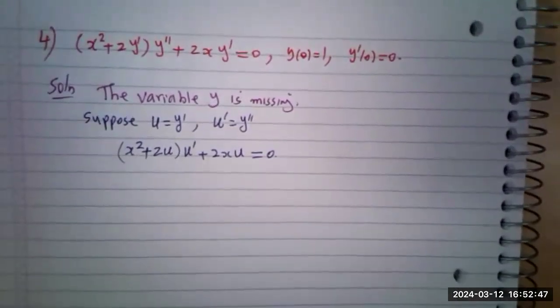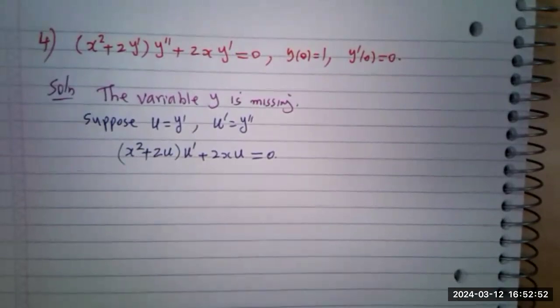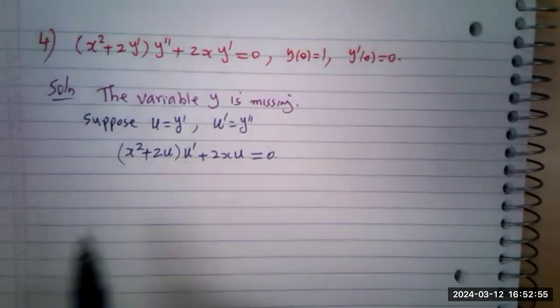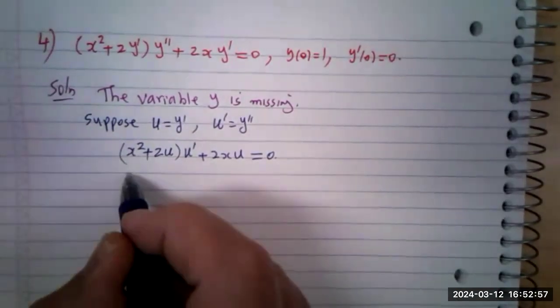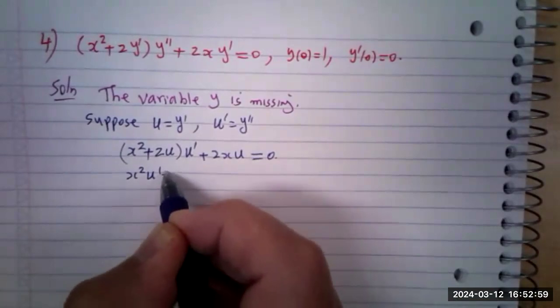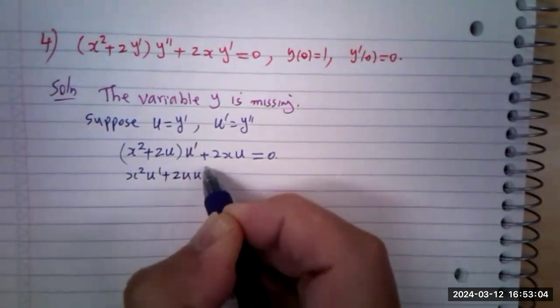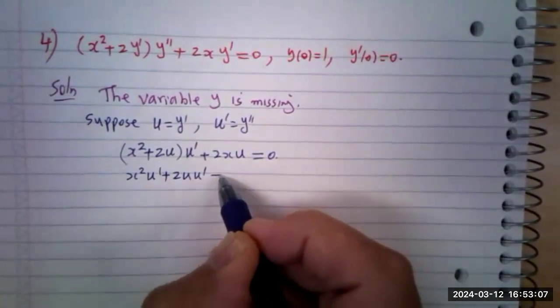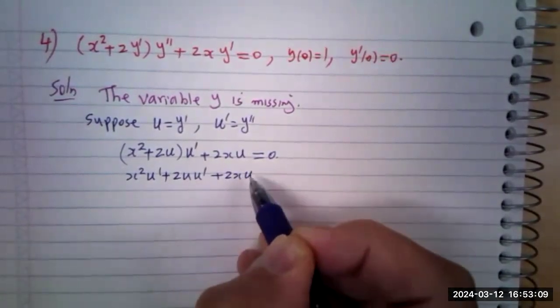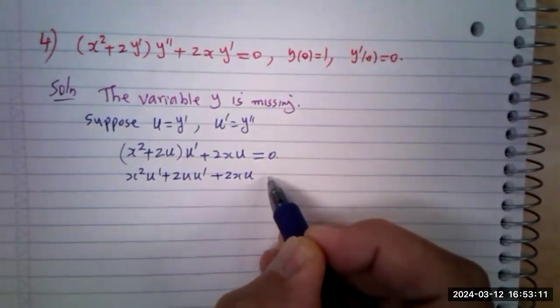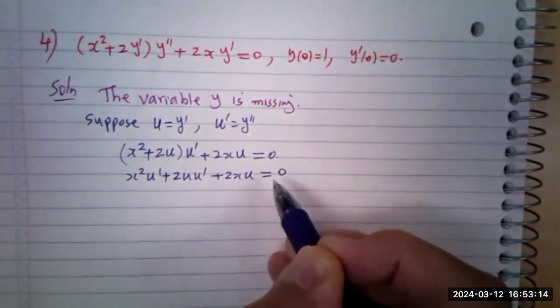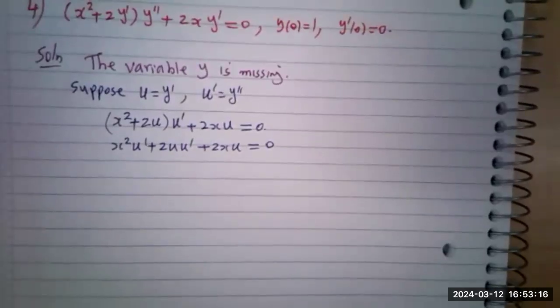This is going to be the equation we have. Multiply across to see what type of equation this is: x squared u prime plus 2xu is equal to 0. So this is the type of equation that you are going to have.